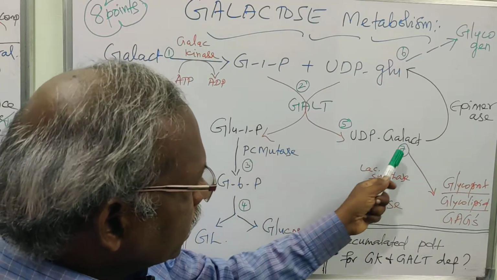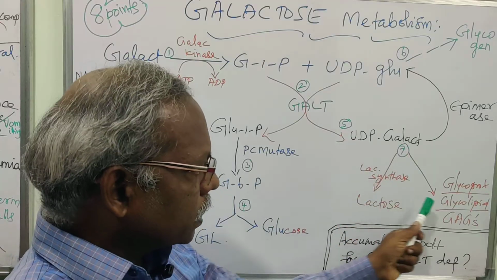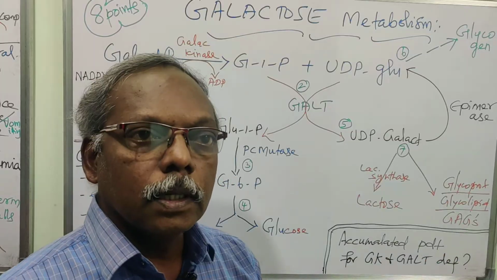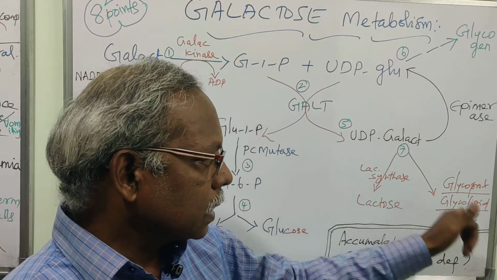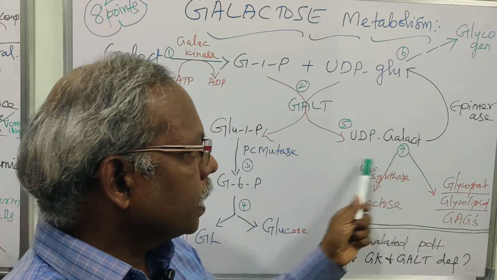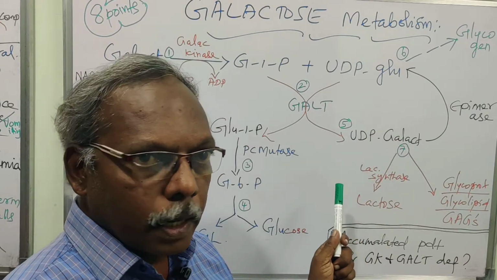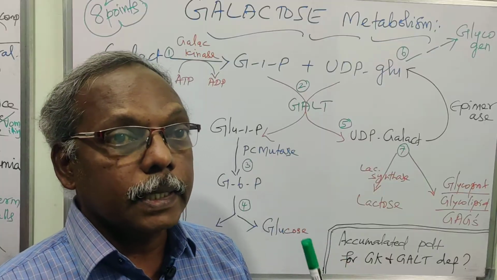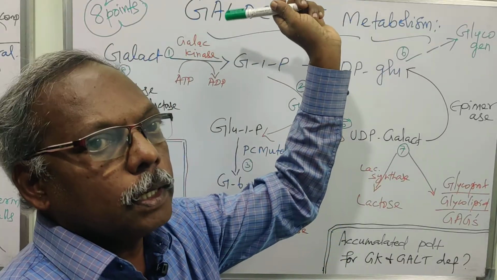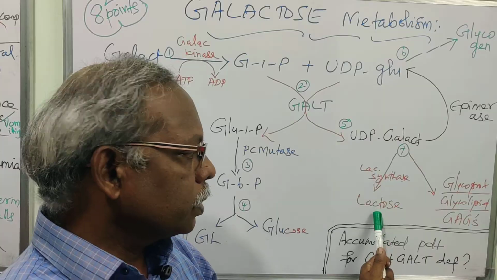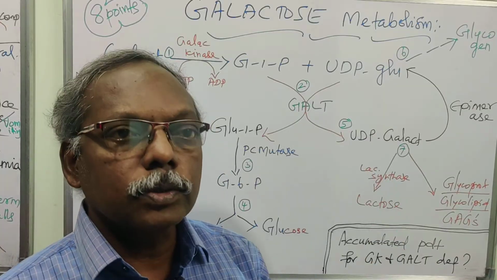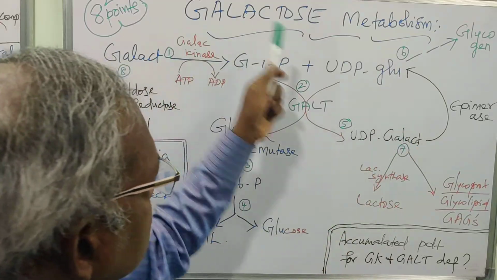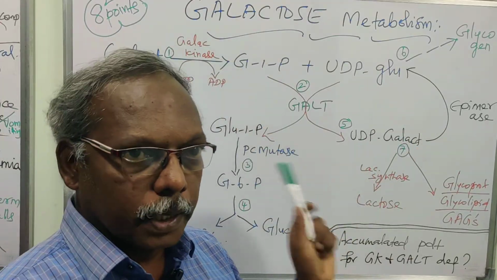Here UDP galactose is also converted into glycoprotein, glycolipid, GAGs. So for the synthesis of GAGs, glycolipid, glycoprotein, UDP galactose is very important. And depending upon the situation, it will produce lactose, another disaccharide. This monosaccharide will be converted into lactose with the help of lactose synthase. So these are all the steps involved in galactose metabolism.